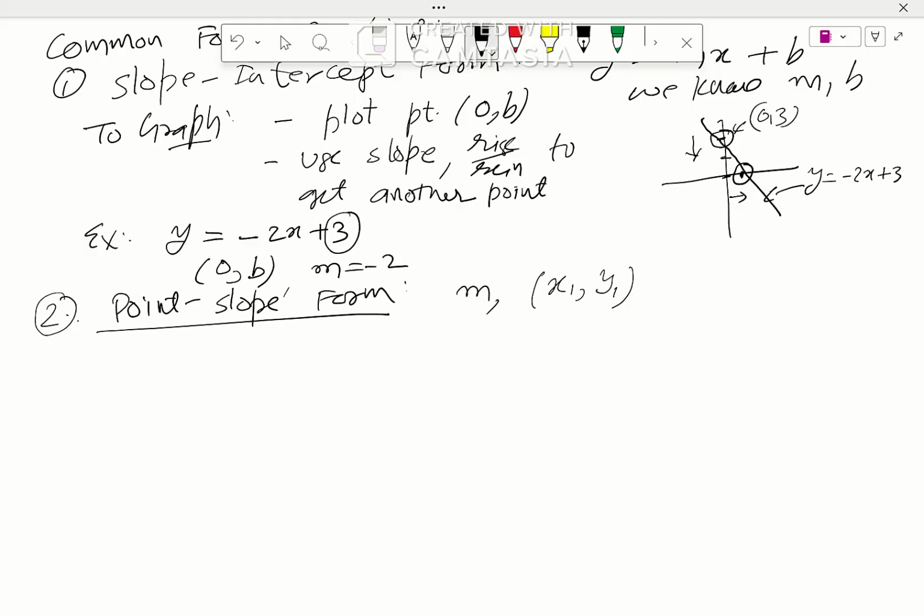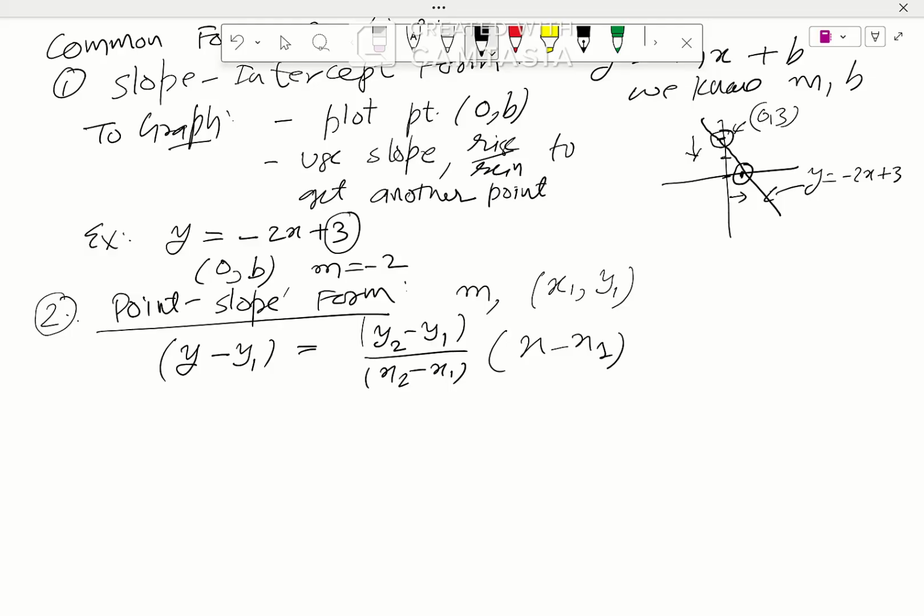If these two things are given, then you can write the equation as y minus y1 is equal to the slope, which is y2 minus y1 divided by x2 minus x1. We have seen it already. This is the slope. And then x minus x1. So this is the equation in the point slope form.